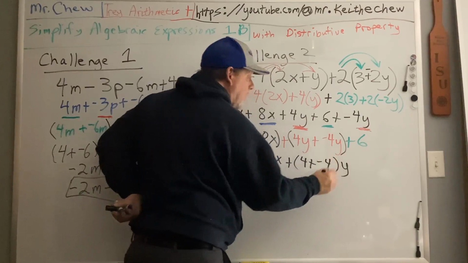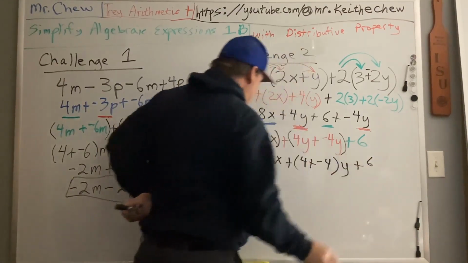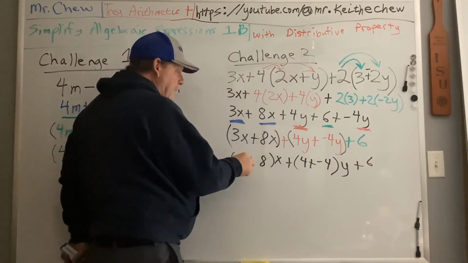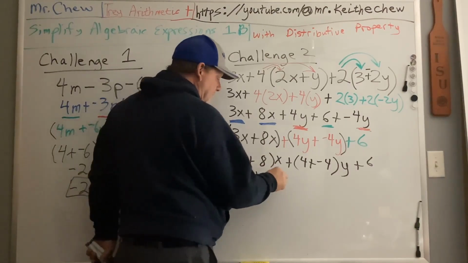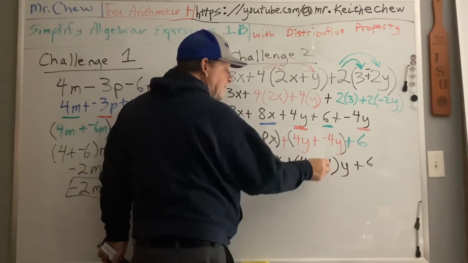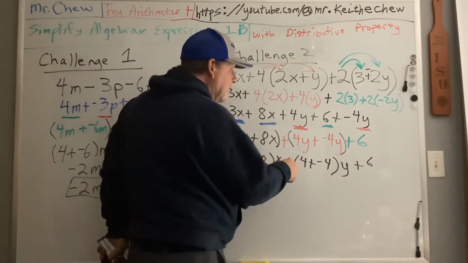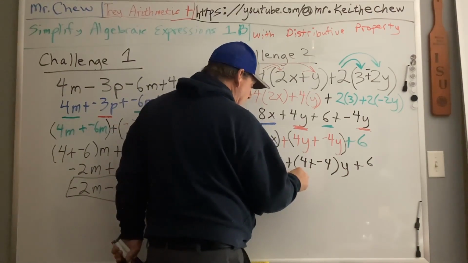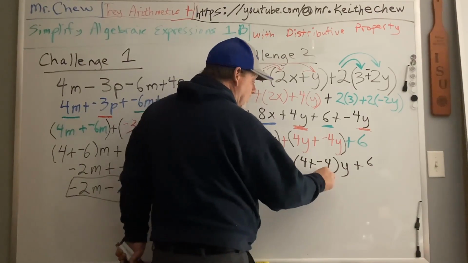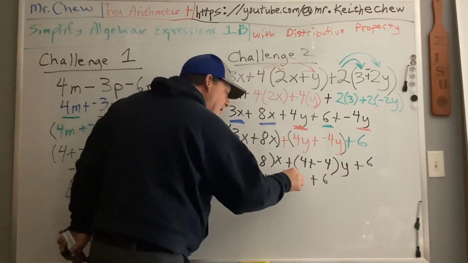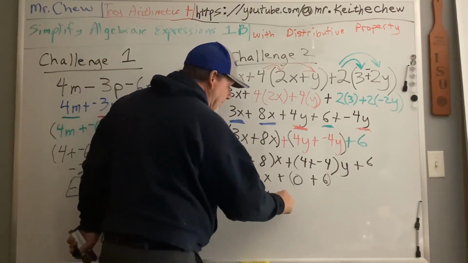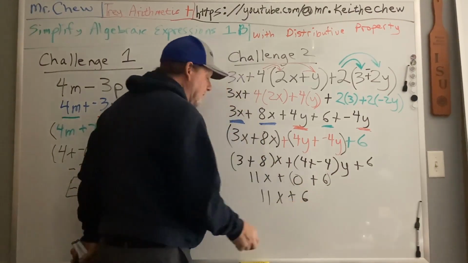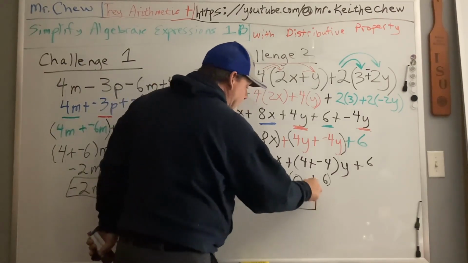A negative 4. 3 plus 8 is 11 times x is 11x. 4 plus negative 4 is 0. 0 times y is 0 plus 6. Now I've got like terms here, 0 plus 6. So my answer is 11x plus 6. And that is the final answer.